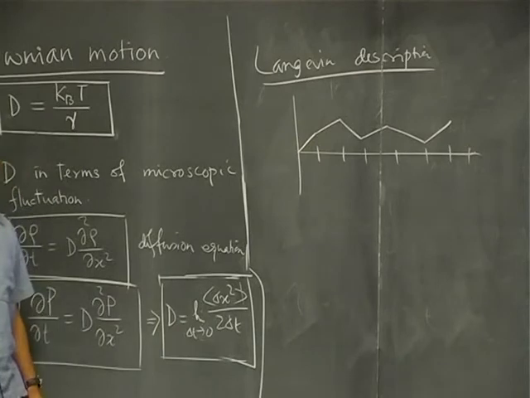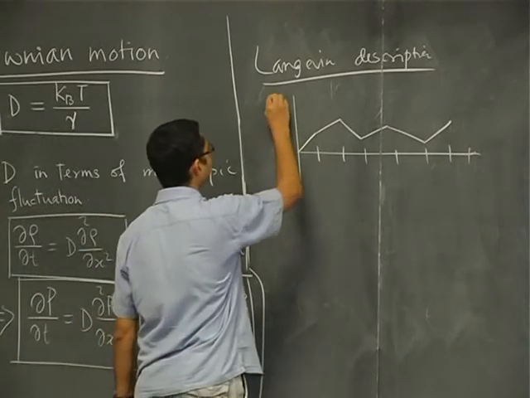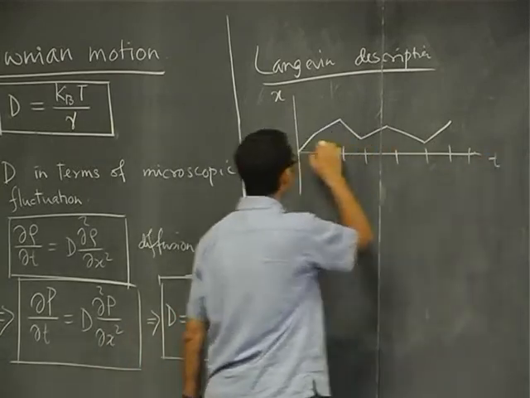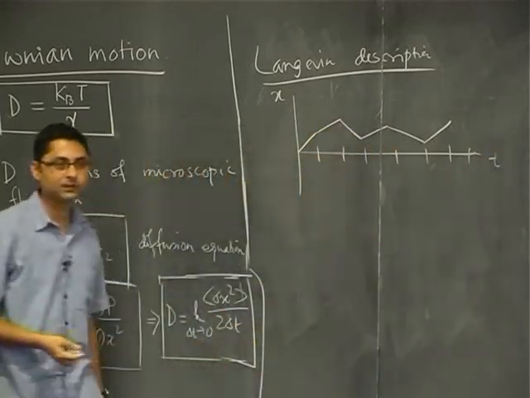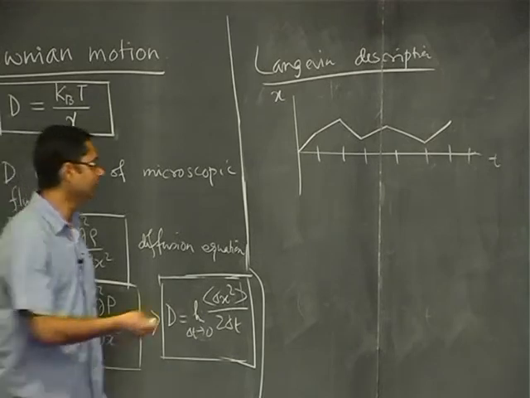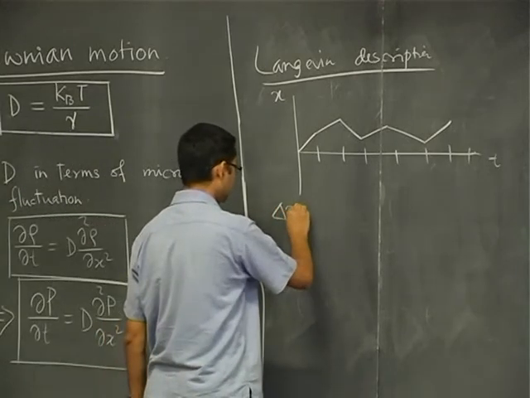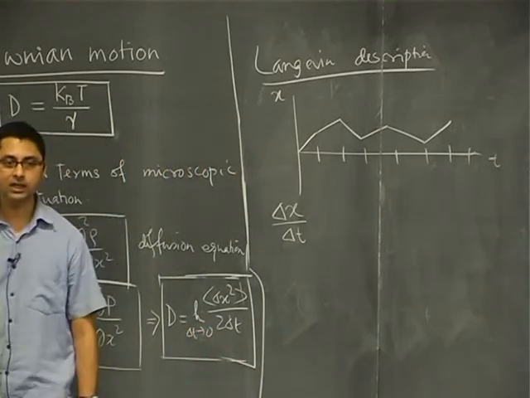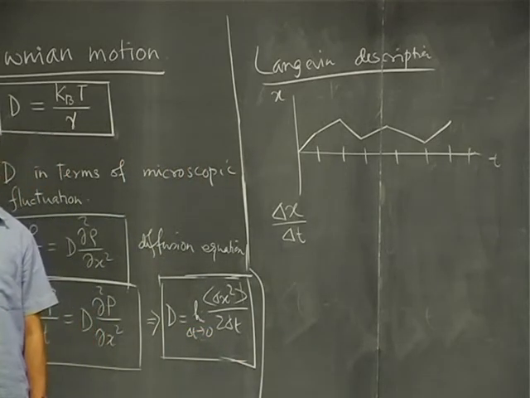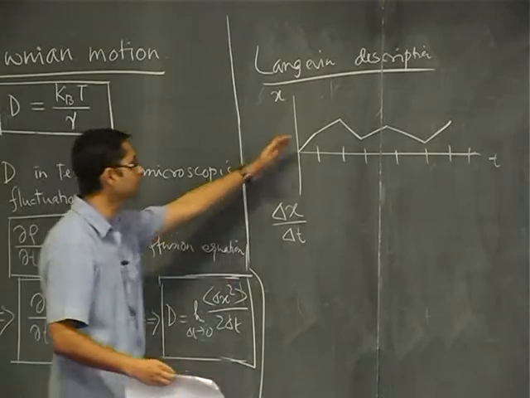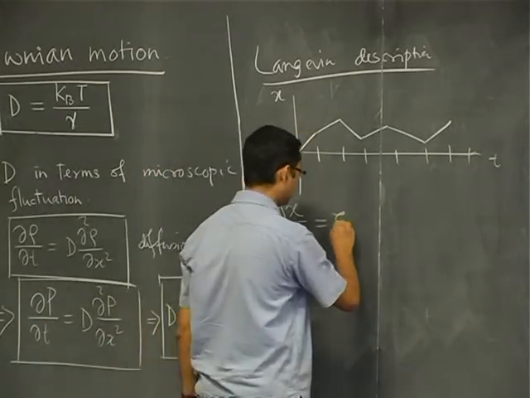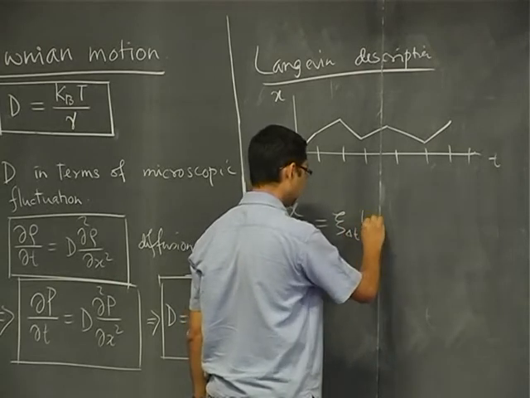So these are the slopes. This is x and this is time, and these are just the delta x's. So this delta x by delta t is a random variable. The slopes are random variables. So let's call this random variable, at time t.